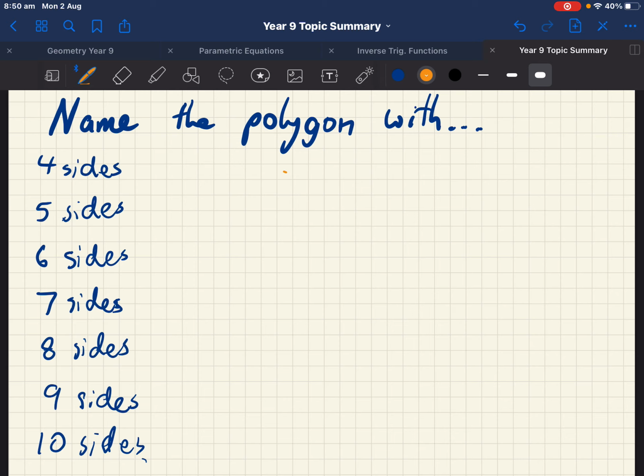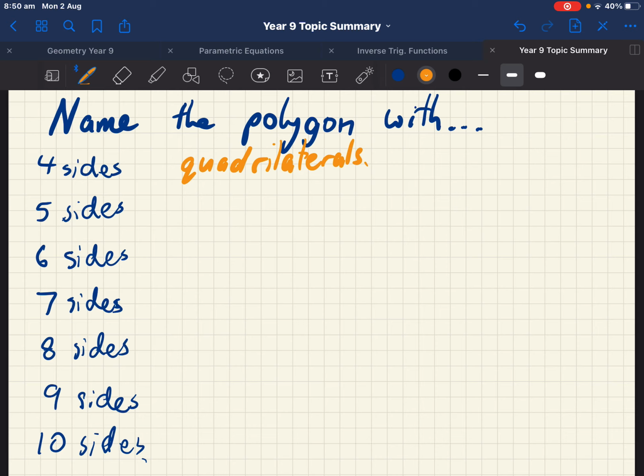These are all examples of 4-sided polygons, but what do we call 4-sided polygons? As in every single 4-sided polygon, they are called quadrilaterals. Those examples I just said earlier, the square, the rectangle, they're examples of special types of quadrilaterals. But if a polygon has 4 sides, it's a quadrilateral.